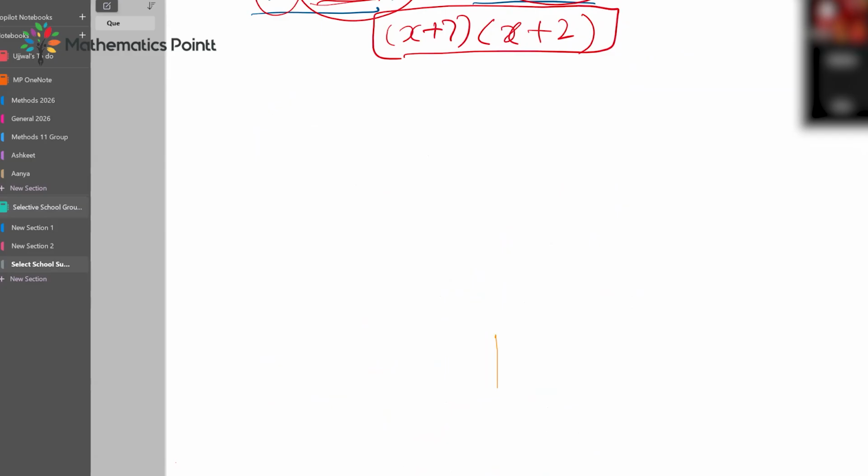I'll give you one more. 2x squared minus 2x minus 12. Go for it.